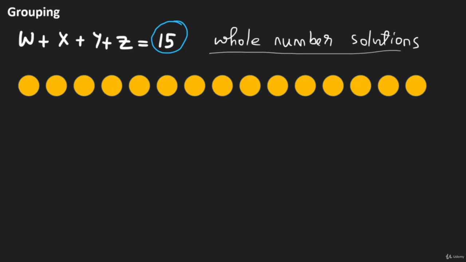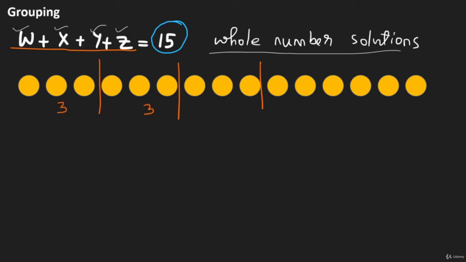Alright, so these are my 15 dots and I need to divide them among 4 people or 4 variables, right? Now, to divide this 15, which I have represented in a diagram, into 4 sets, I just need to draw 3 lines, right? If I draw 3 lines anywhere, it divides it into 4 sets.